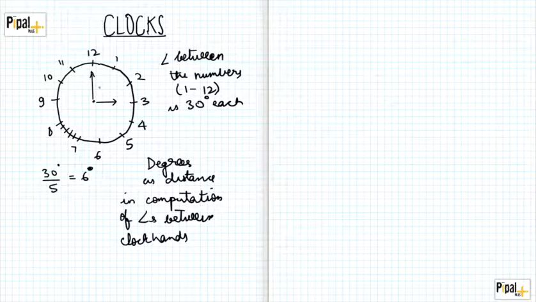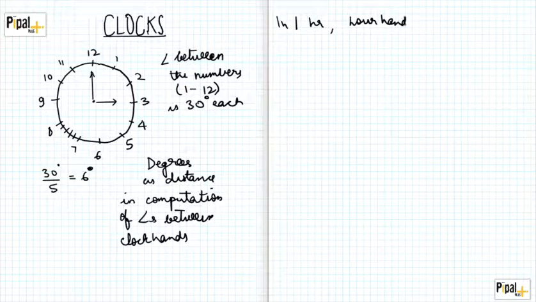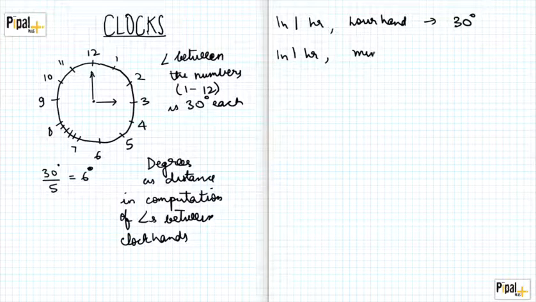Now, the hour hand in 1 hour, in a time duration of 1 hour, travels a distance of 30 degrees, right? In the same 1 hour duration, the minute hand completes one entire rotation, right? The minute hand moves all the way from 12 and comes back to 12.